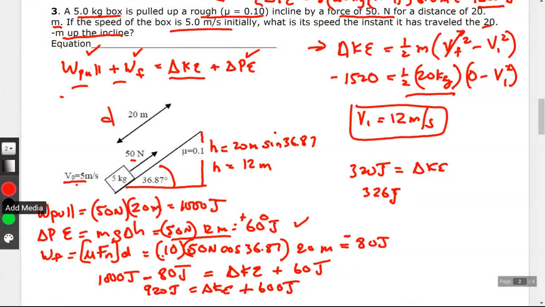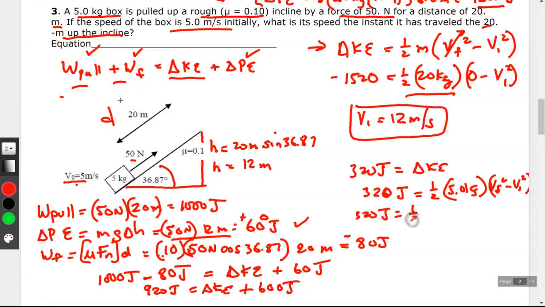320 joules equals 1 half m, 5 kg, times Vf squared minus Vi squared. So it's 320 joules equals 1 half 5.0 kg times the final squared minus the initial squared. We don't know the final squared, but the initial is 5, so that's minus 25.